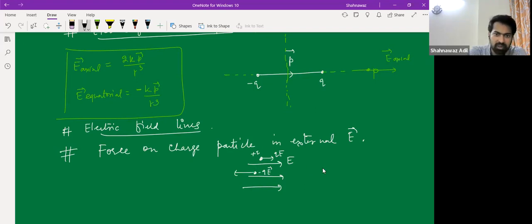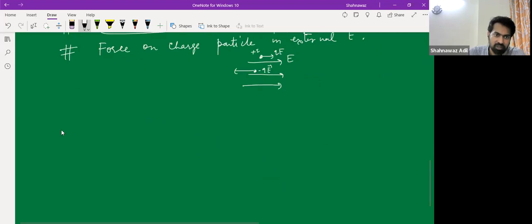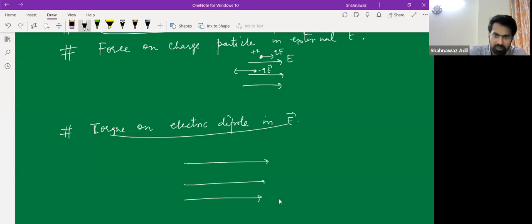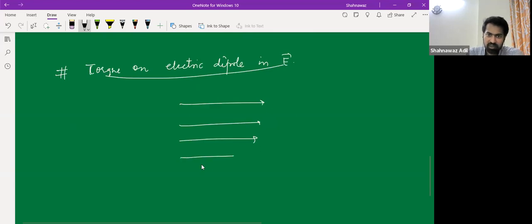And then we learned what the torque on an electric dipole in an electric field is. So we have this electric field, and then we place a dipole.